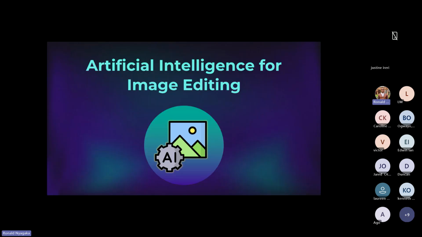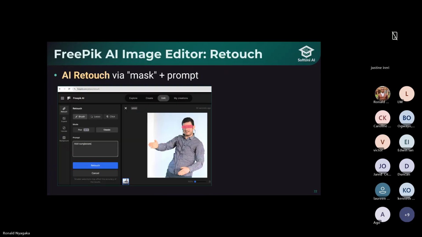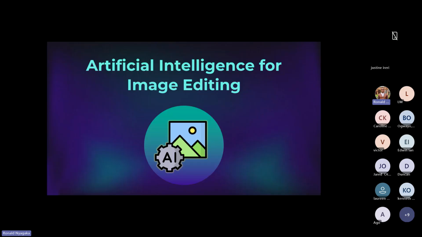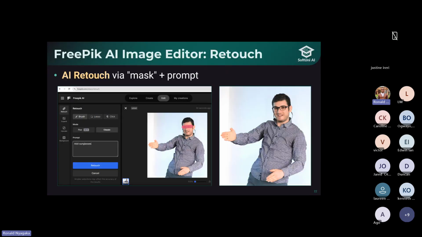So you have Leonardo. And then, so this is for artificial intelligence for image editing. We saw that with Microsoft Designer, you can edit images. Freepik, you can also edit images. And this is an example of such an exercise where you use something called AI retouch, which is an option within Freepik. So you can prompt it to do something.